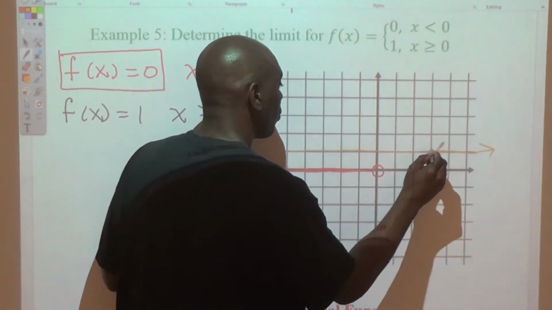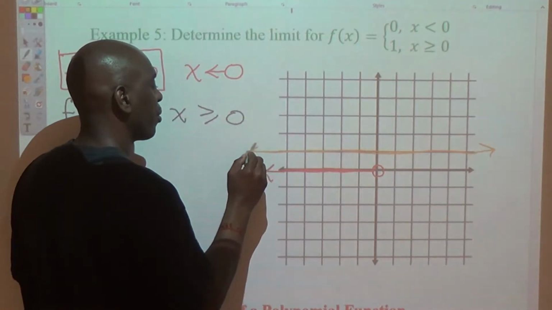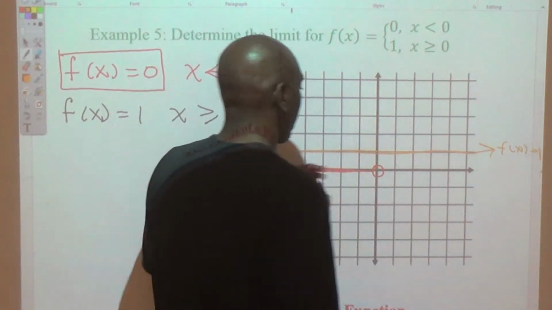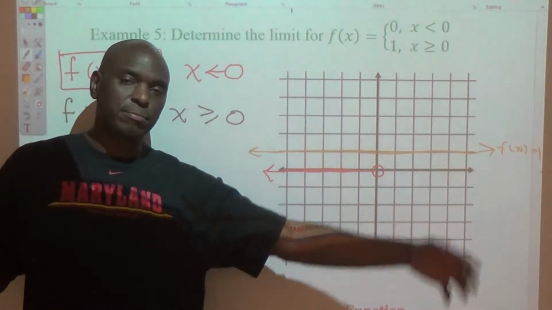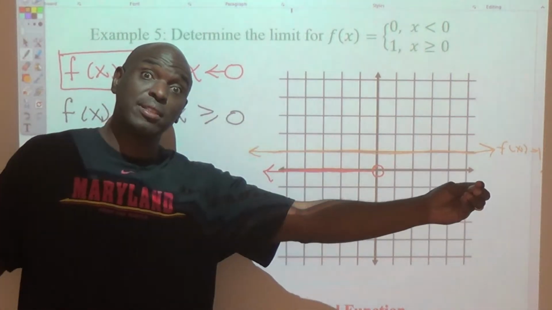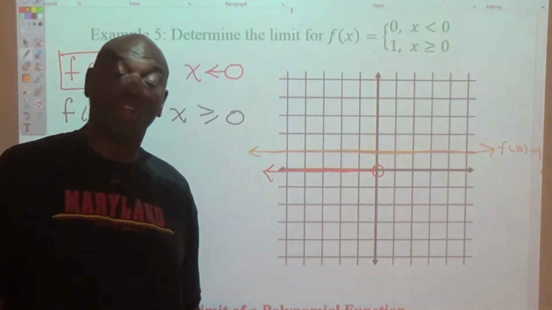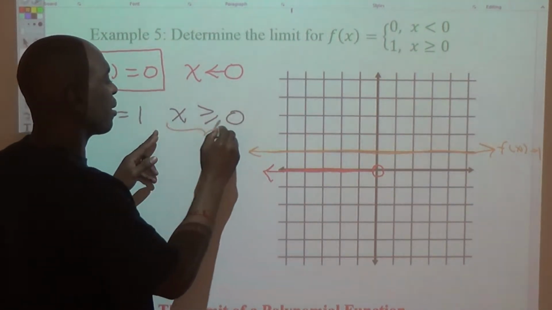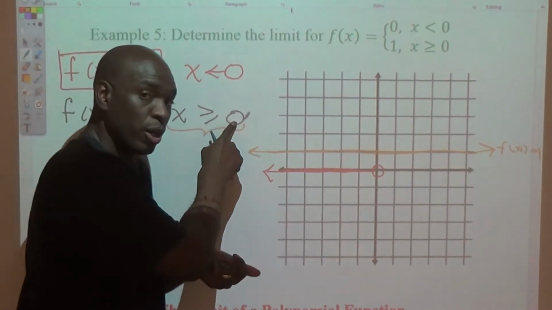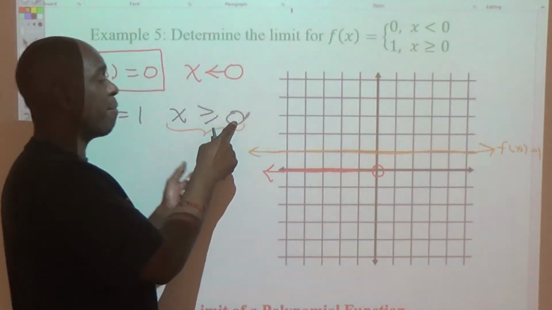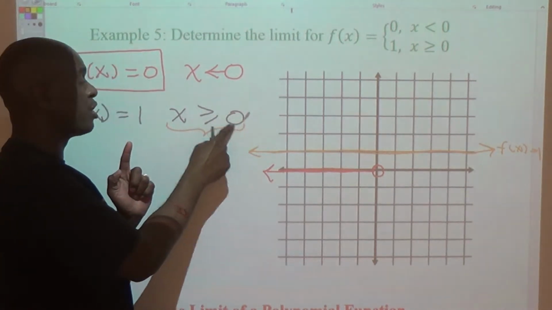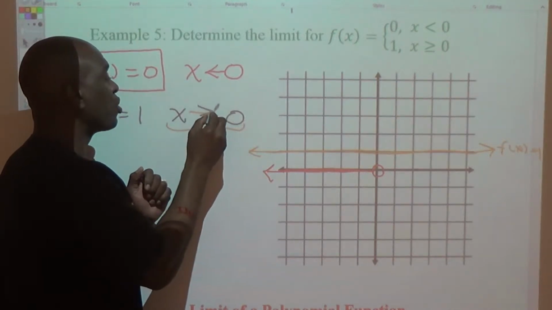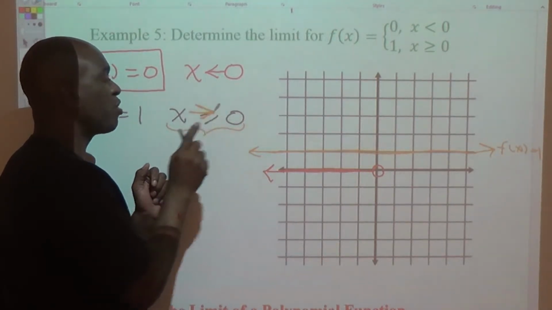There you go. This is f of x equals 1. The whole entire line. Do we want the whole entire line? That's right, no, we don't. We only want the portion of it where x is greater than or equal to 0. That means you want to include 0 because it's greater than or equal to, and make an arrow here, which means you want the piece going to the right.